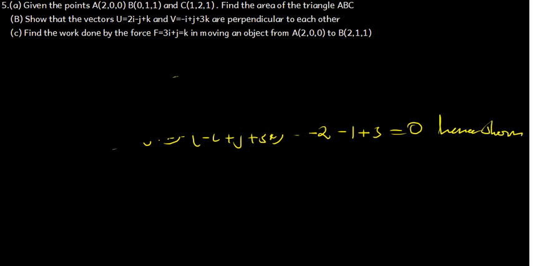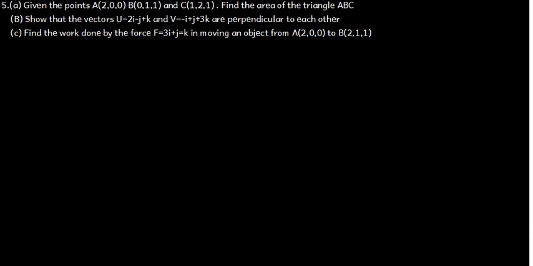The other question: find the work done by the force F, which is equal to 3i, and sorry, this is supposed to be a positive 3i plus j plus k, in moving an object from the point A, which is 2, 0, 0 to B, which is 2, 1, 1. Now, how do we find work?